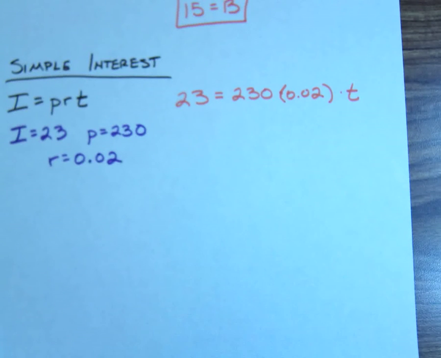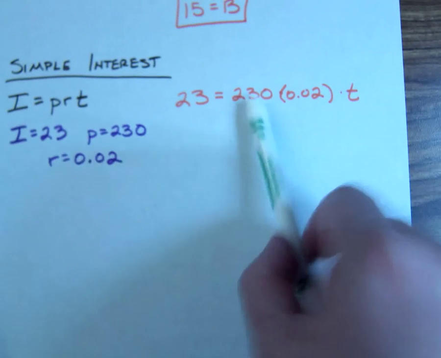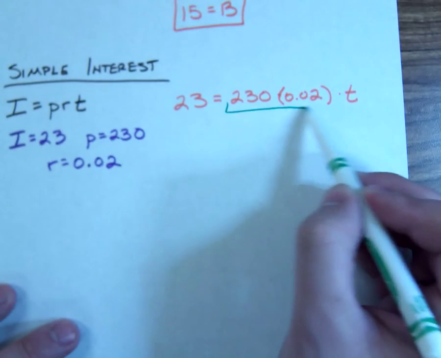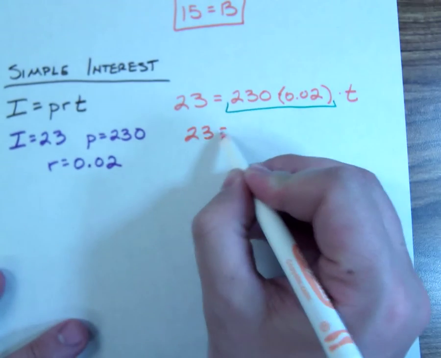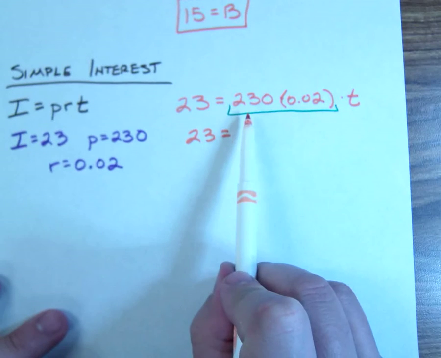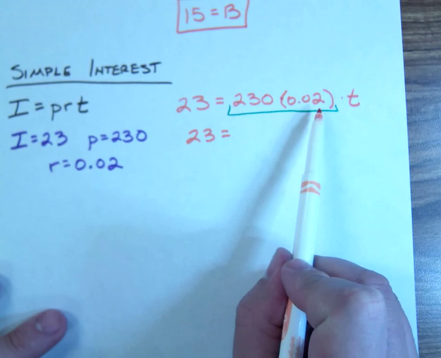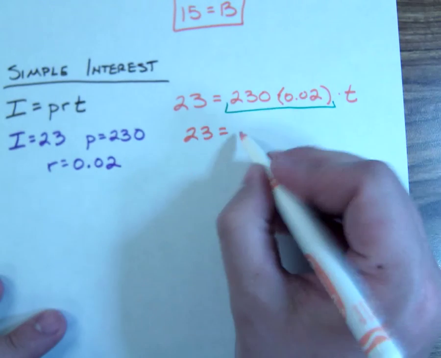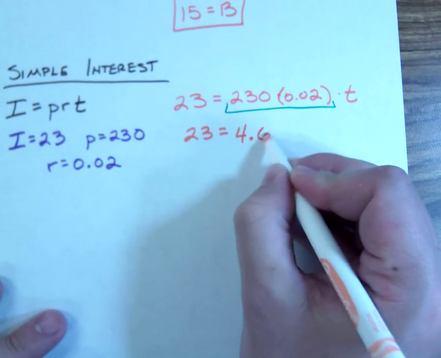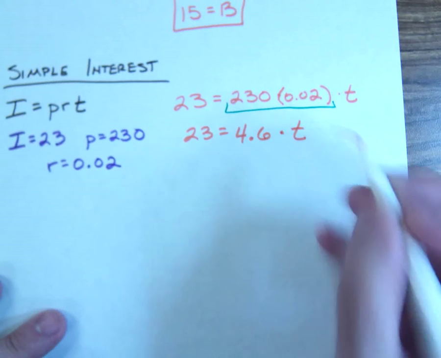Say that again? Parentheses first. Yes, and in this case, I'm going to actually multiply these numbers first. I want to multiply these two things together. You may want a calculator for this, but it's really not that bad. 230 times 2 is 460, and then I move the decimal twice because there's two numbers after the decimal, so 4.6 times T.